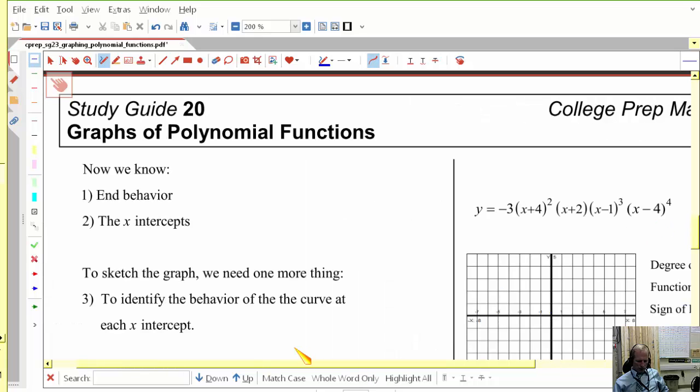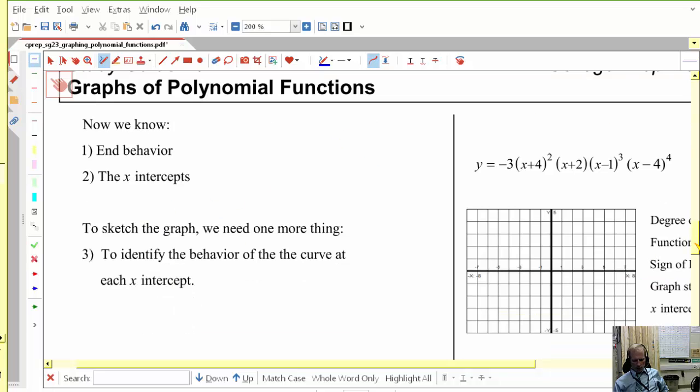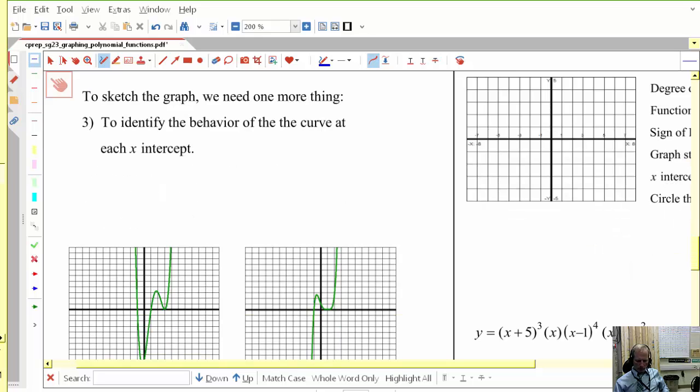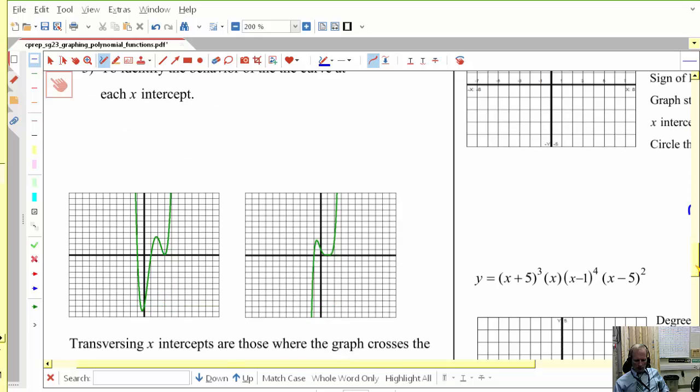Okay, there's one last thing you need. After you know the end behavior and where the x-intercepts are, you need to know what happens to the graph at each x-intercept. If you look at these 3 points here, you'll notice that in the first two, the curve goes straight through the point when it crosses the x-axis.